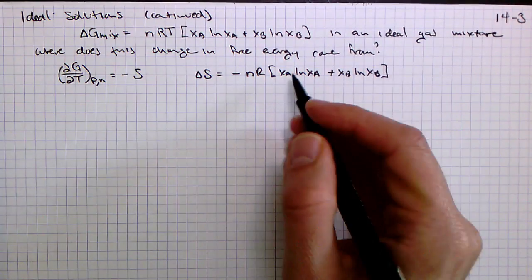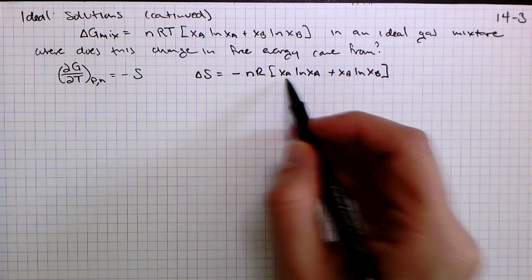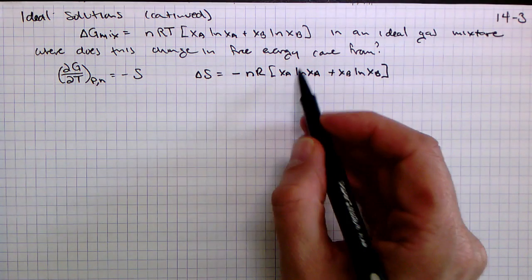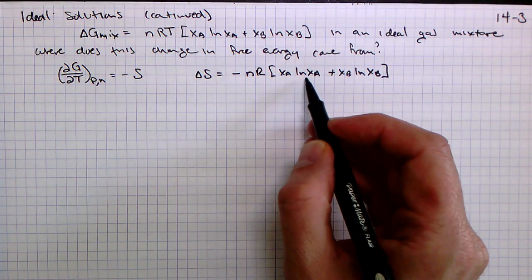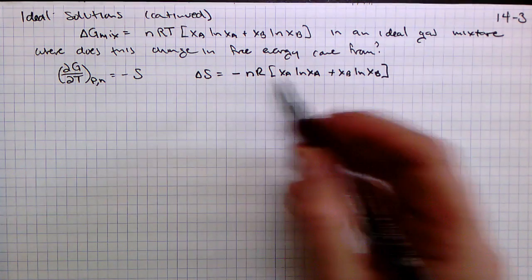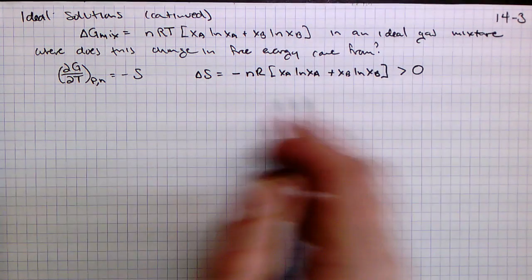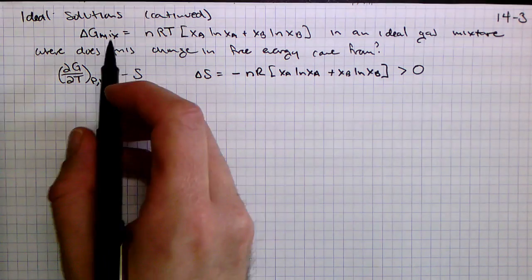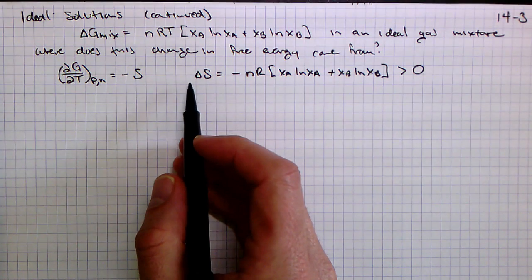And remember, XA and XB are both positive, but they're both less than 1, so the natural log of a number less than 1 is negative, so this has to be a positive number, right? So there's always a positive change in entropy when we mix two substances.